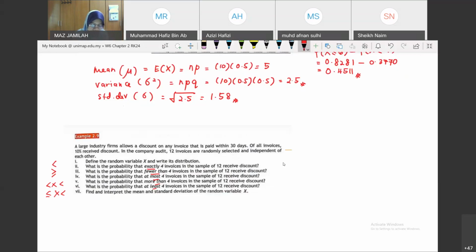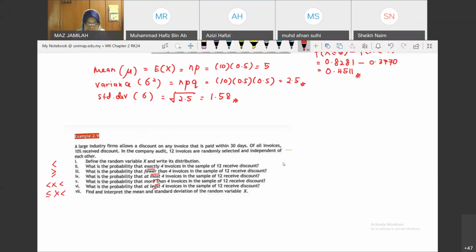Okay, a large industry firm allows a discount on any invoice that is paid within 30 days. So means that invoice paid within 30 days will get discount.